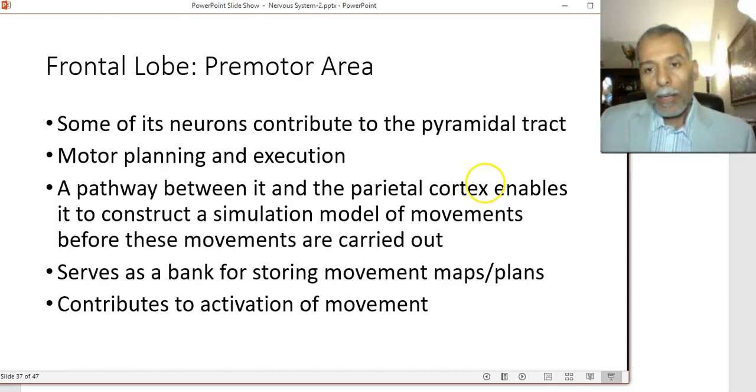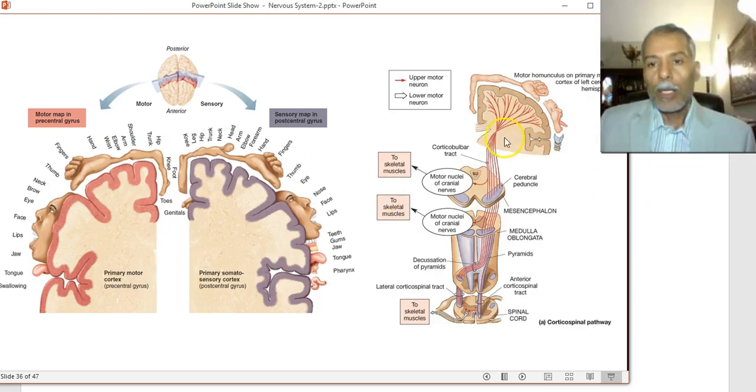And you can see how the white matter makes pathways and tracks coming down into the brainstem. This is called the pyramidal pathway, a major one for movements.